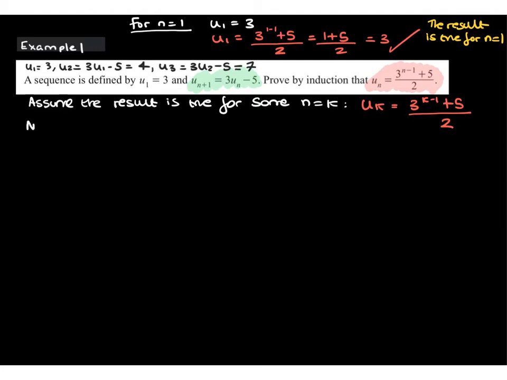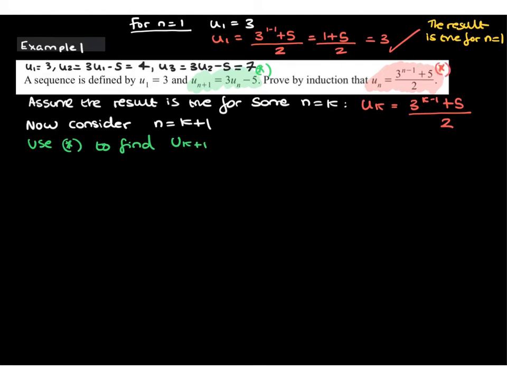So now let's consider n equal to k plus 1. So we need to use the recurrence relation to find u_(k+1) and then prove that this gives us the same result as the nth term over here.